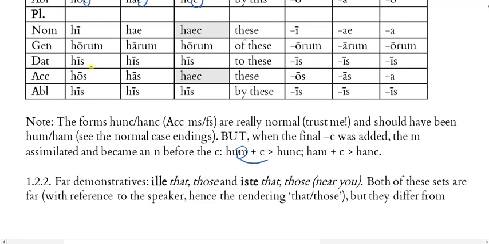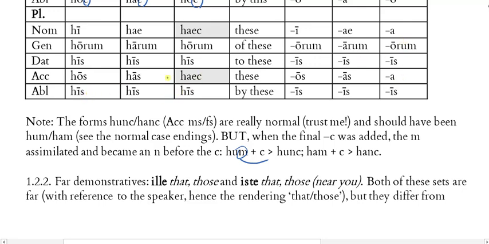Oh, by the way, that would be of these, right? Dative plural, to these. His, his, his. Nice. All the same. And they're all the same because the case endings are the same. Is, is. So that's great. Accusative. Hos, has, haec. Again, the masculine and feminine match, os and as, but neuter does not have the final A, haec.